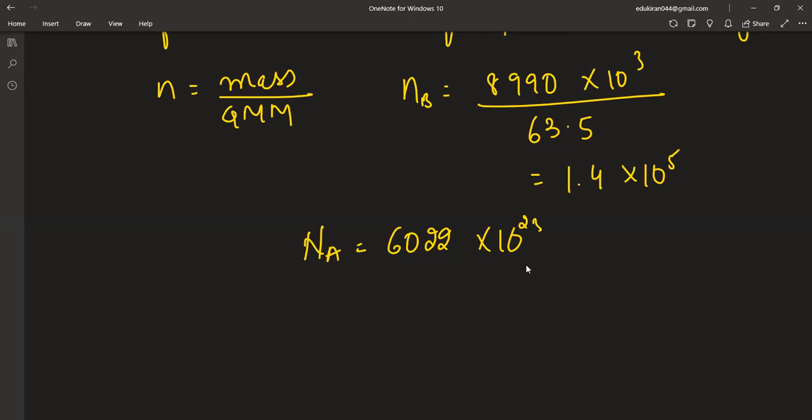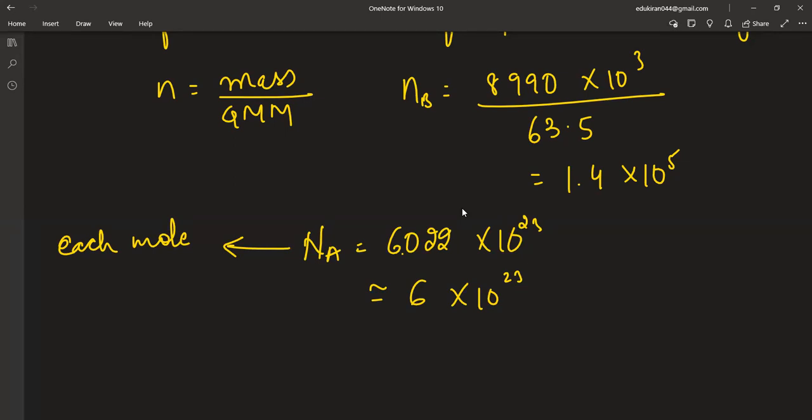So let's take this as 6 into 10 to the power 23. This is Avogadro's number, right? So each mole contains this much number, this much is contained by each mole.